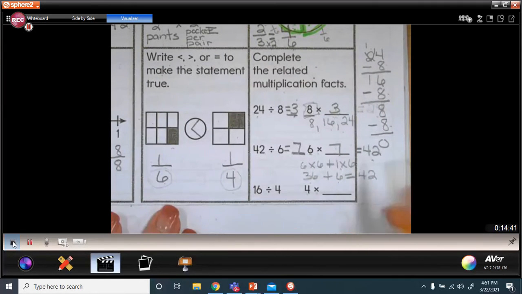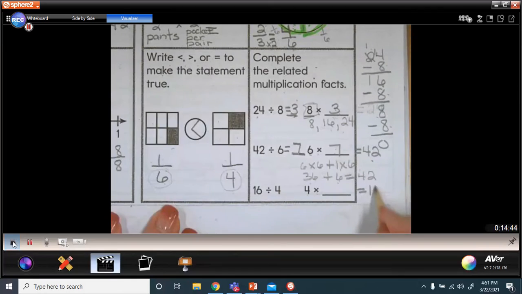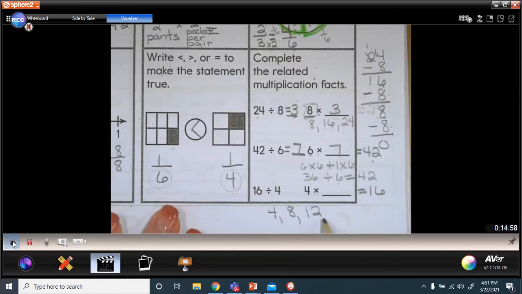4 groups of what equals 16? Well, I could count by 4s. 4 plus 4 is 8, plus 4 more is 12, plus 4 more is 16. So when I get to 16, how many groups of 4 was I able to add to get to my total?